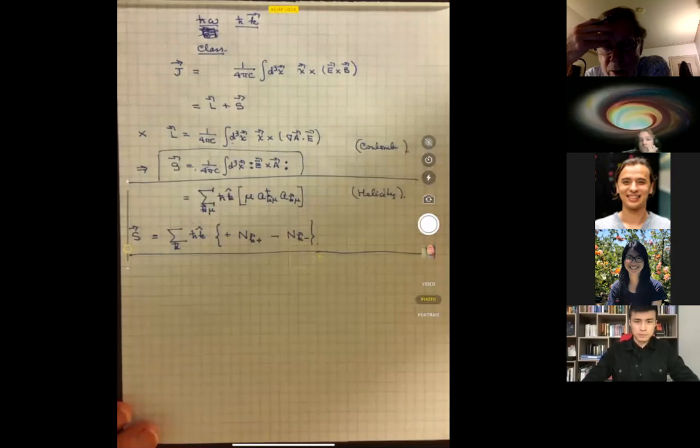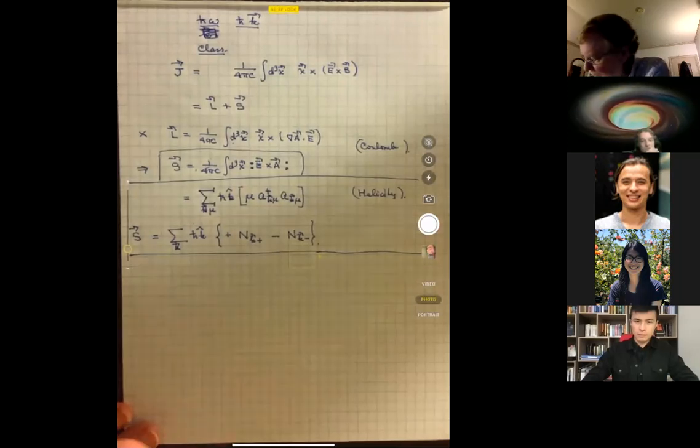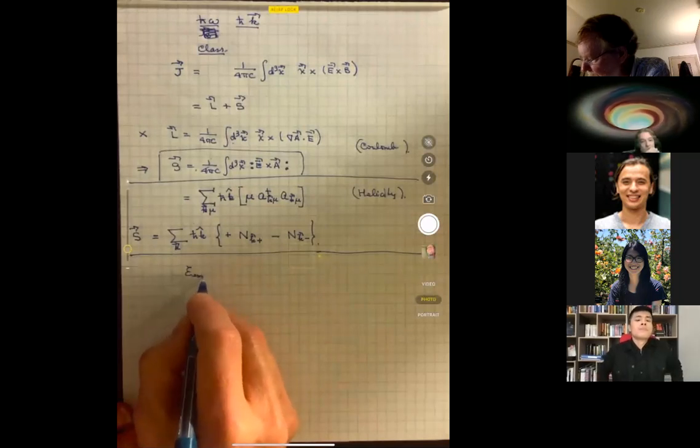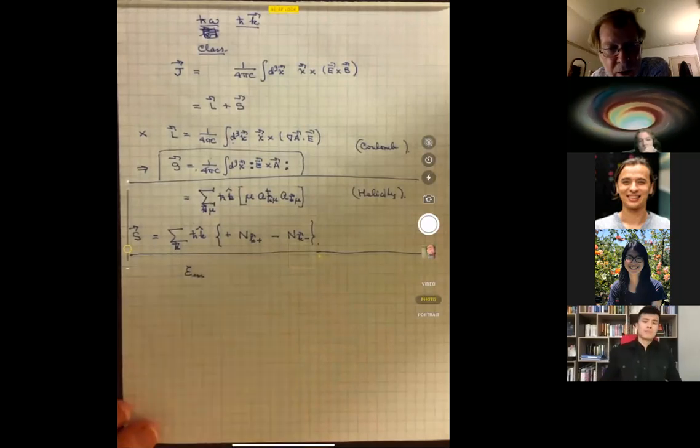So the question then arises: what is the relationship between this formalism for describing the quantum mechanics of particles and the one that we're used to, which involves wave functions? Or I could summarize the question more briefly by saying, what is the wave function of the photon? All right, let me make just a beginning on that question. Let E sub EM be the state space for the electromagnetic field.